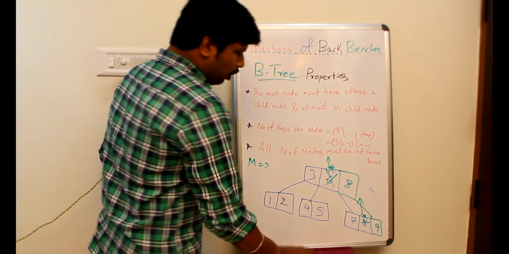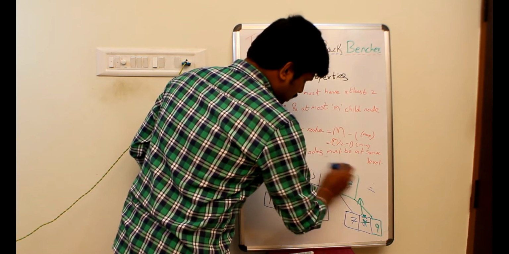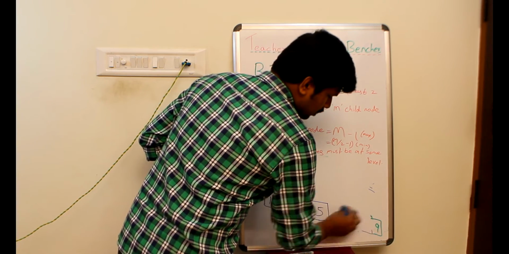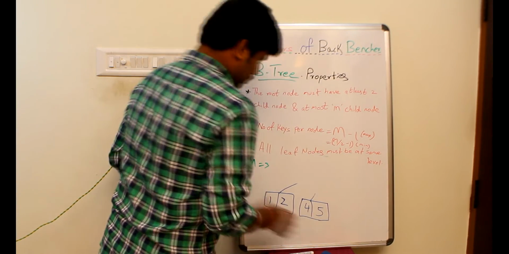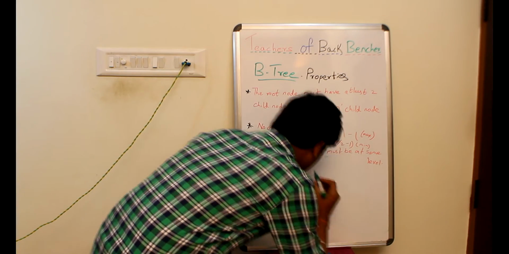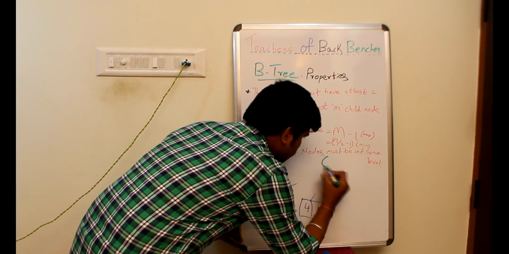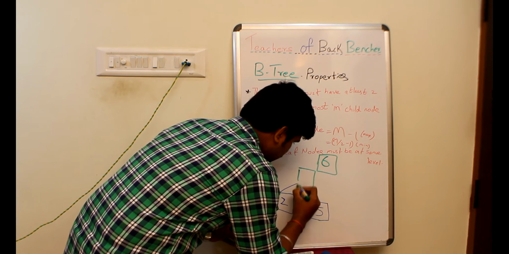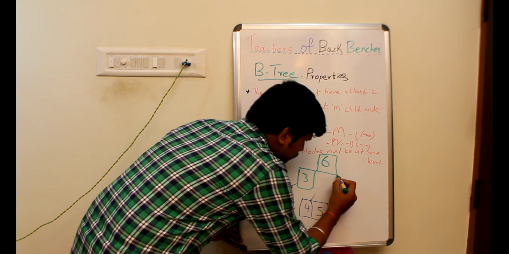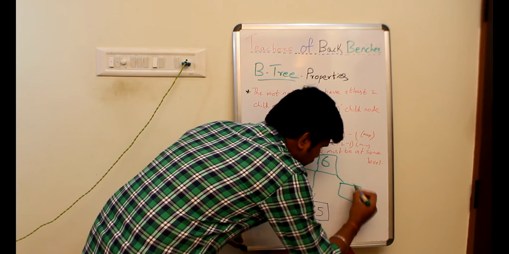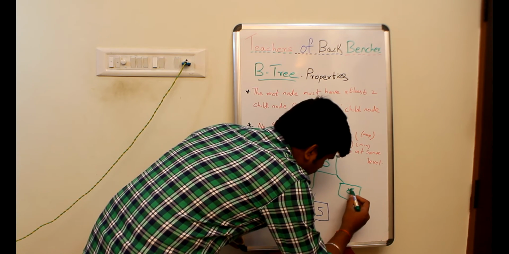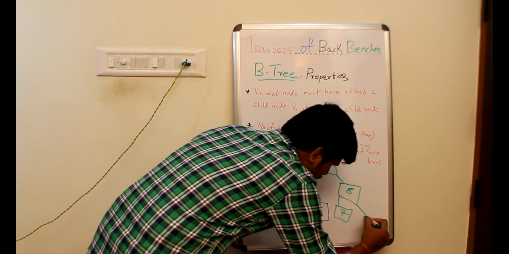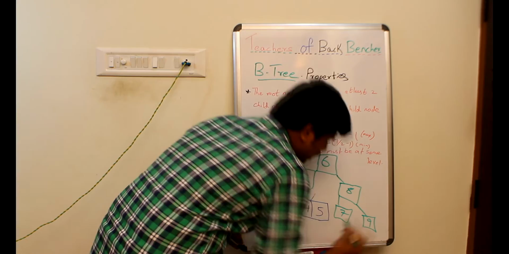So 6 moves to the upper level, the left-hand side becomes 3 and the right-hand side becomes 8, and 8's left child is 7 and right child is 9.